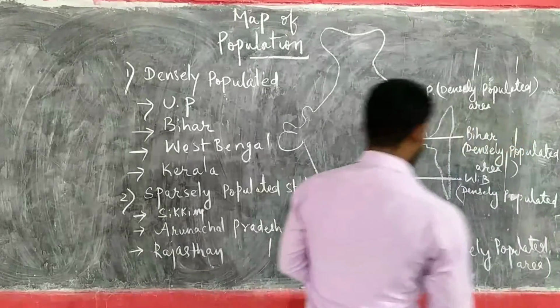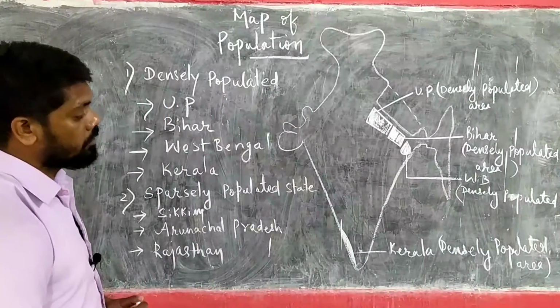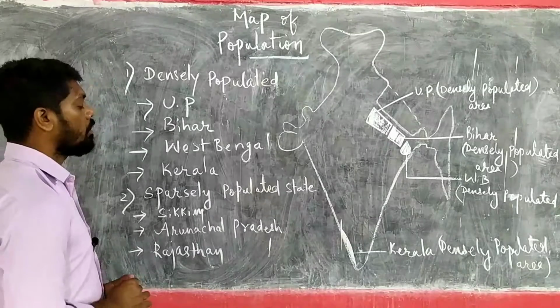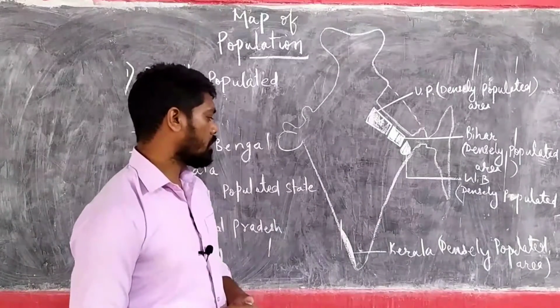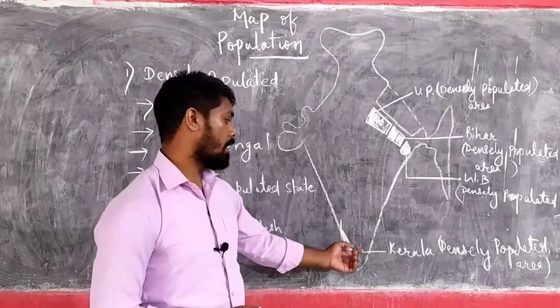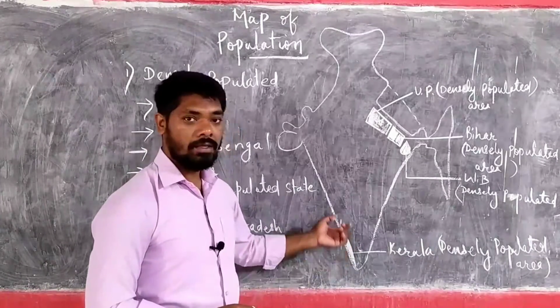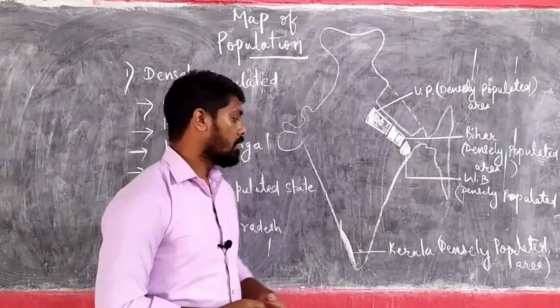All right. So in South India only one state is there which is densely populated, or there are other states like Andhra Pradesh, but rarely it is asked. So the most appropriate answer is Kerala. You need to shade the entire state and then write and label it.